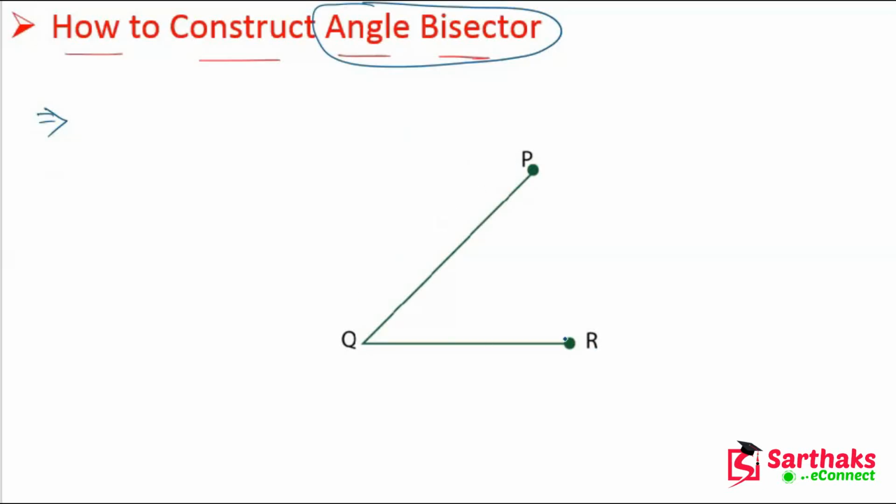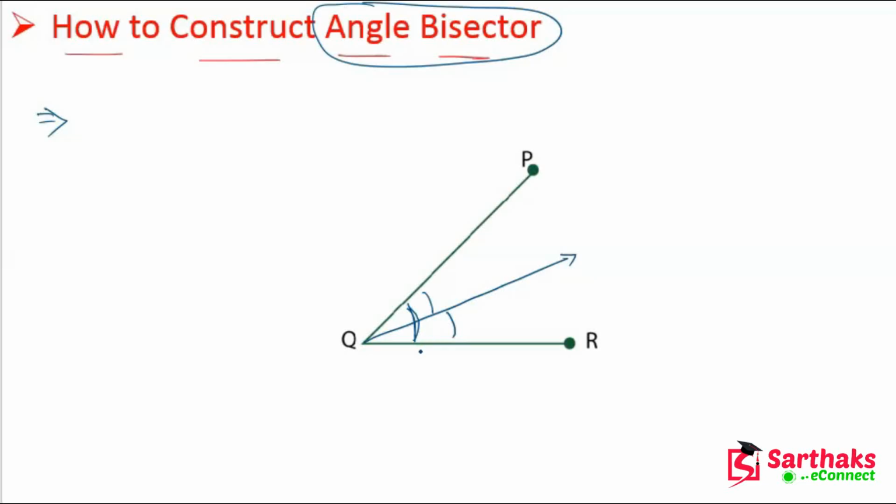Suppose we have an angle like this. If we draw a line or ray, it bisects the angle into two equal parts.